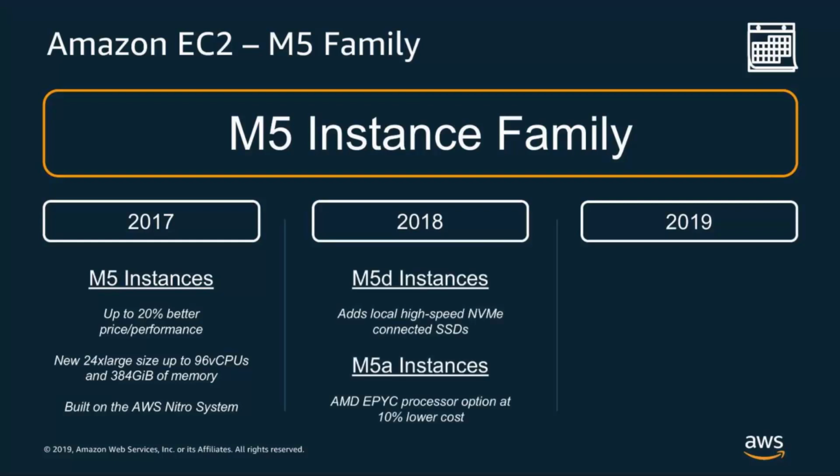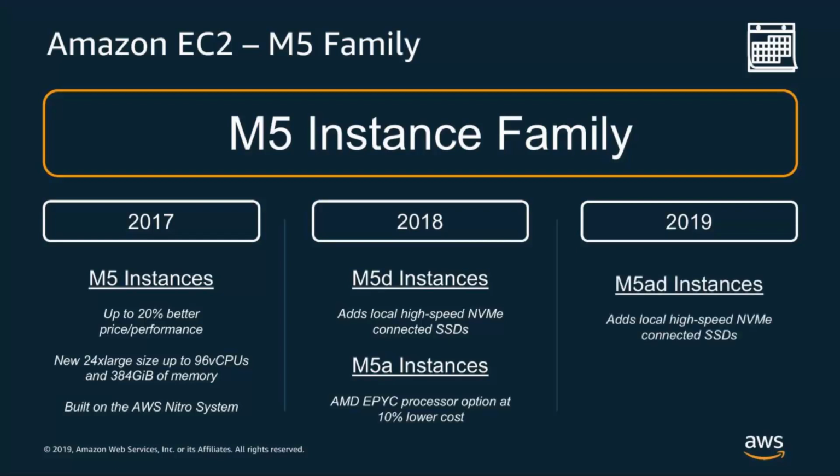In 2018, we followed up with our M5d instances. These are the Intel Scalable Processor versions of M5 with D. So we added the high-speed local NVMe connected SSDs to our M5. And then later in 2018, we launched the M5a instances. This was an additional option where we're able to provide the AMD EPYC processor and provide 10% lower cost.